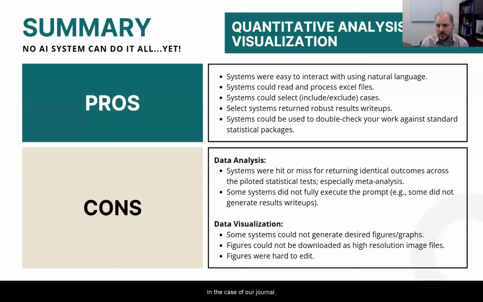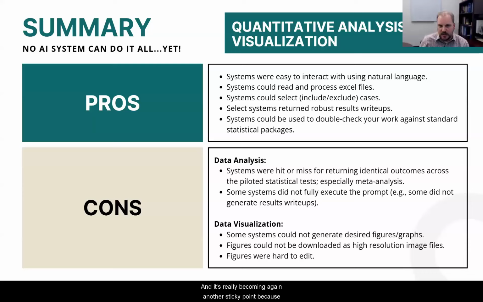In the case of our journal, we only require that there be some sort of acknowledgement that artificial intelligence was used and how it was used and the extent to which it was used. But that's really just a disclaimer at that point, and there's really no additional checks or balances that are done.